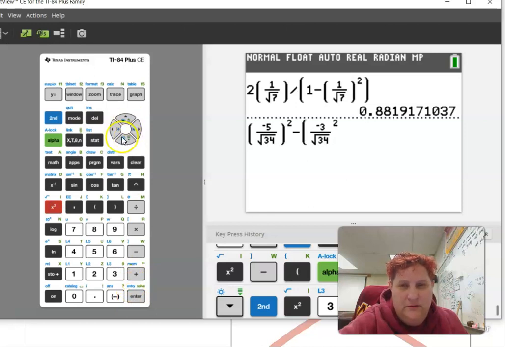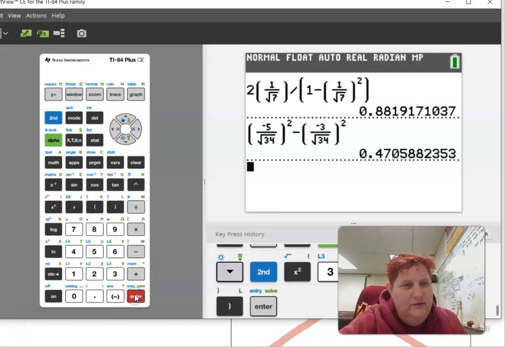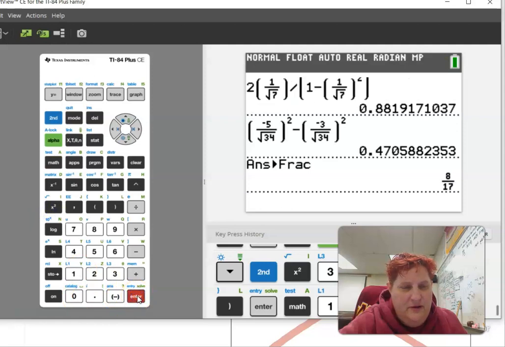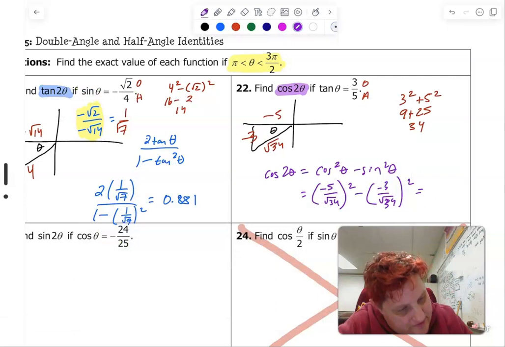Uh-oh. Forgot my parenthesis, but I think I can go right there. Turn it into a fraction for me. Yay, 8 over 17. There we go. Okay? So this is going to be just 8 over 17.